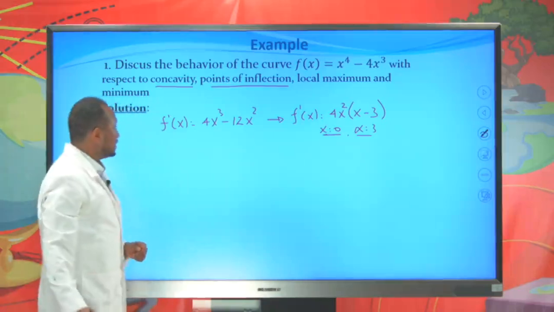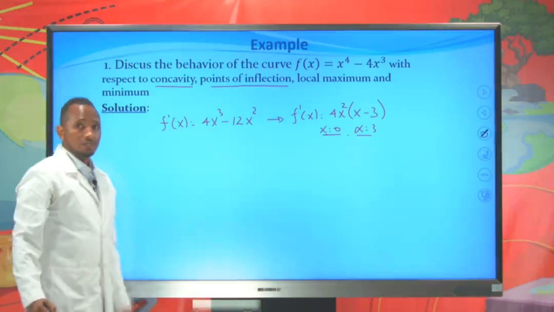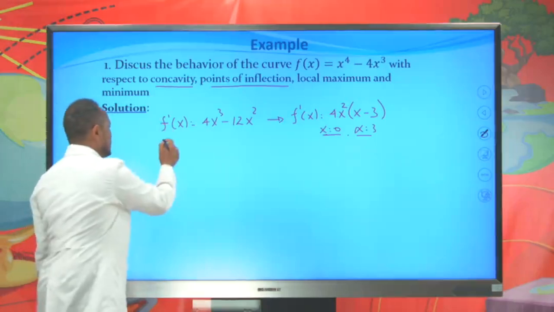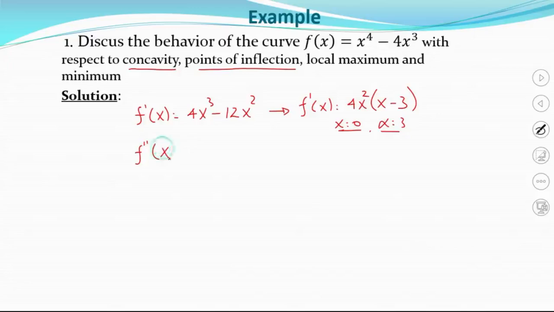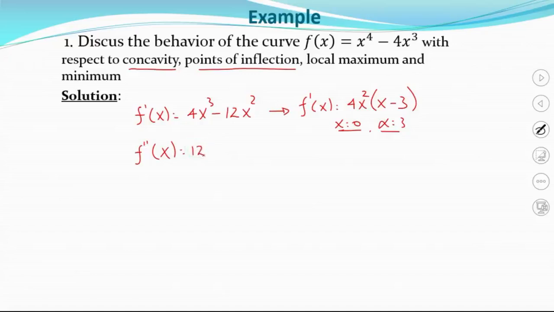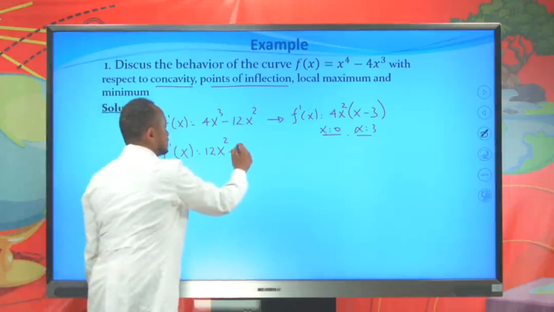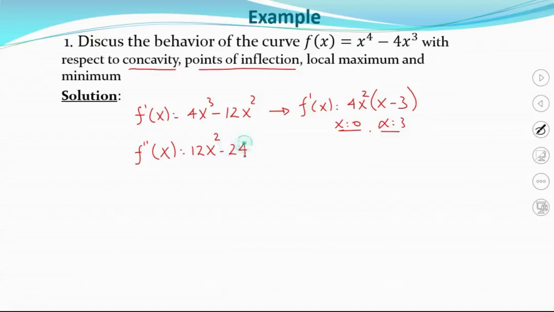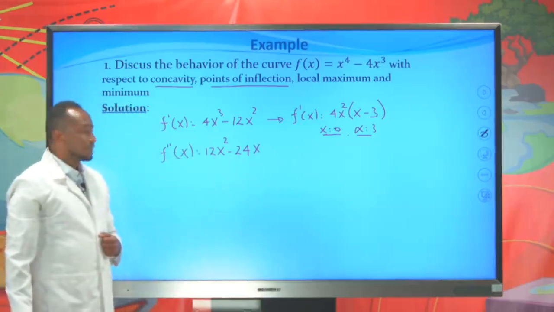But to determine the concavity interval, we need to find the second derivative of this function. The second derivative is the derivative of this one: 12x squared minus 24x, since 2 times 12 is 24. So we need to check the sign of this second derivative.